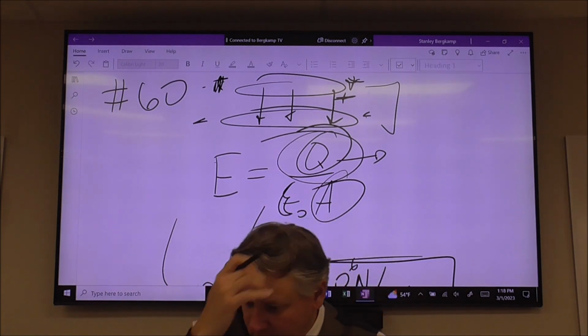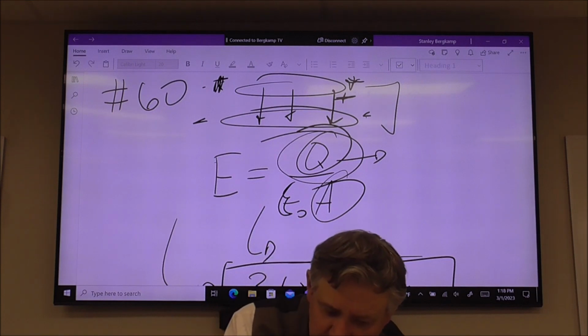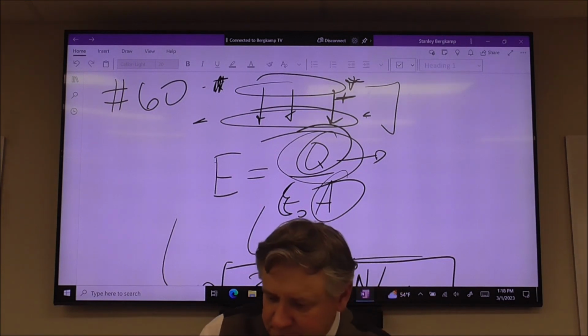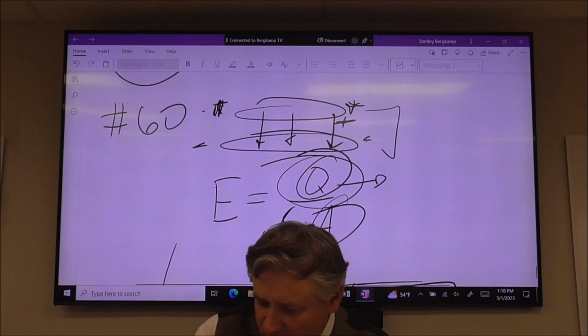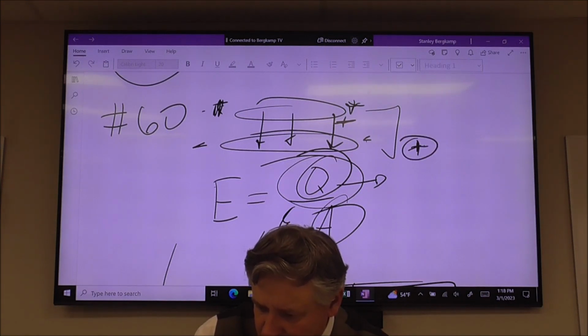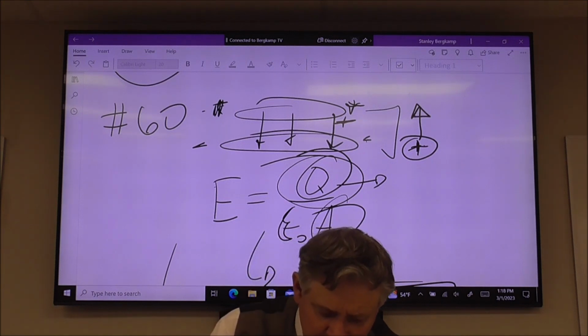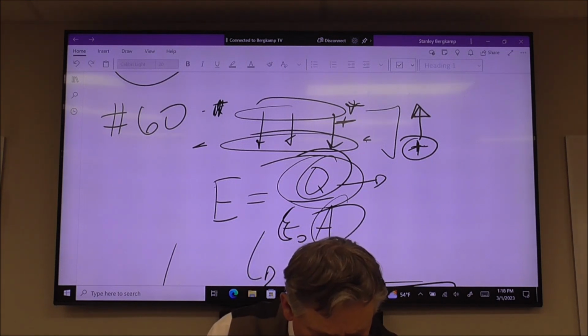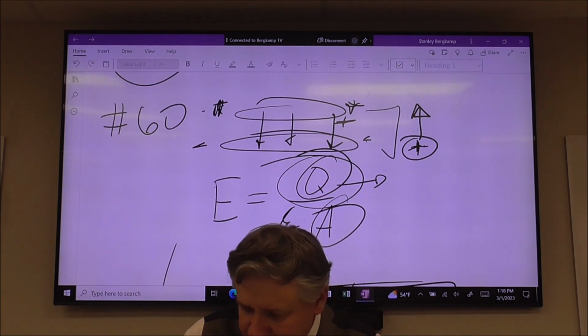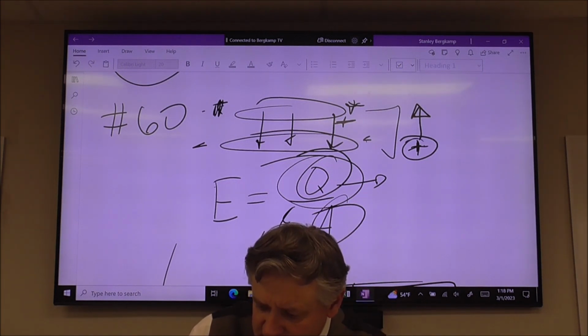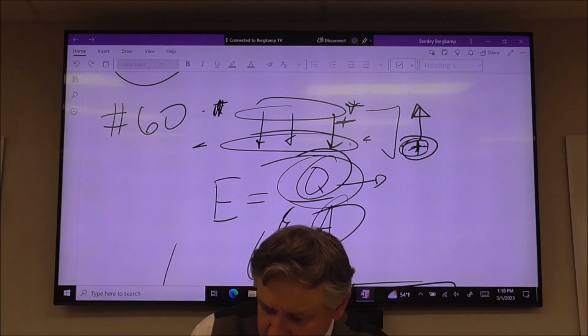Okay? Because it's a proton, and it's going to be shot from the negative towards the positive, it slows down. So here's the story. Here's this proton. You're going to shoot it this way.